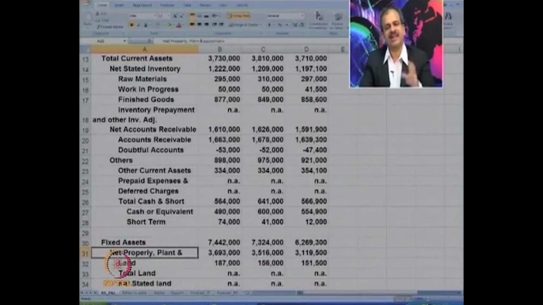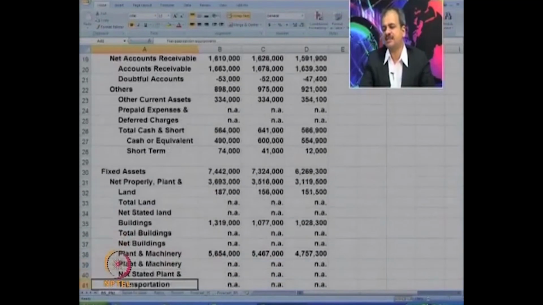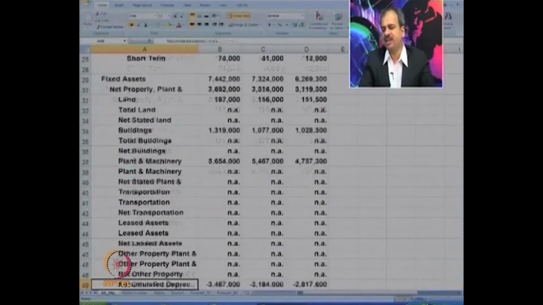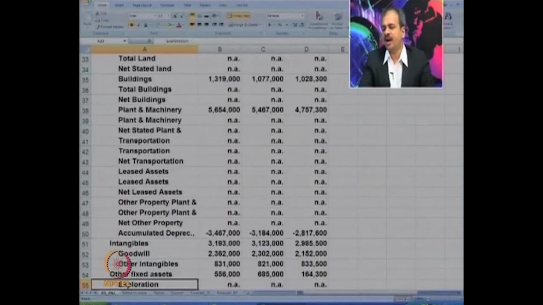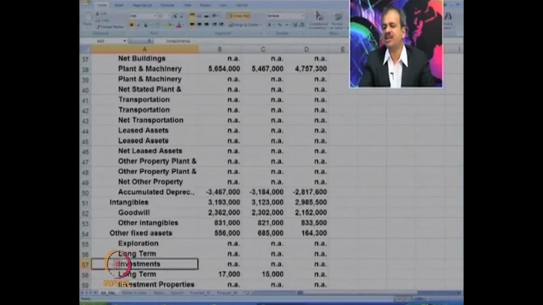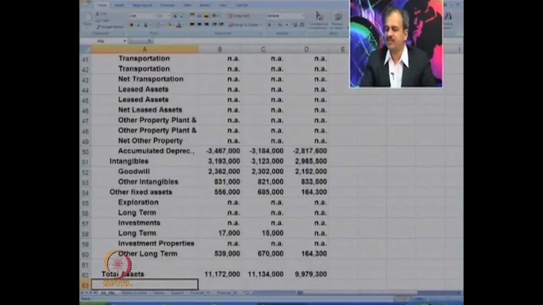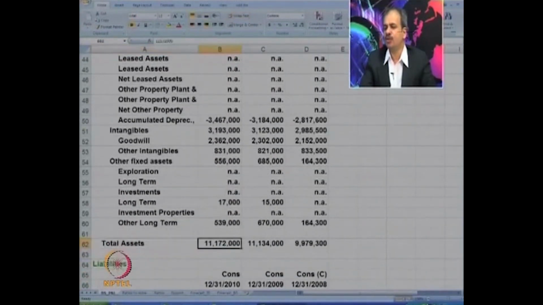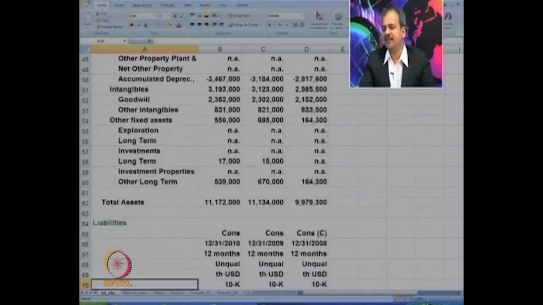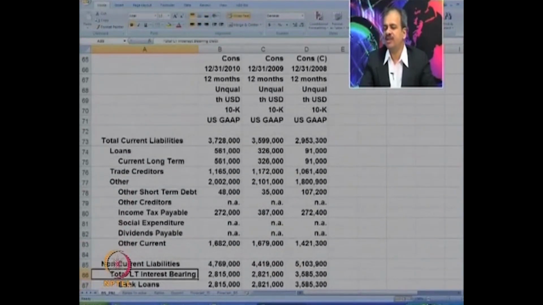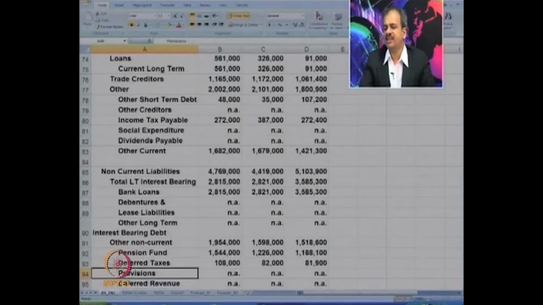After current assets, the fixed asset starts, which are again given in detail. After fixed assets, there are figures for intangible assets like goodwill, which are stated explicitly. So this is the figure of total assets. Then in liabilities, again we first start with total current liabilities, then there is a concept of non-current or long-term liabilities.